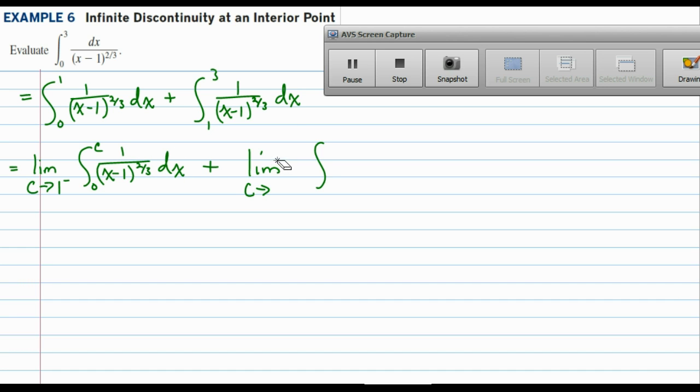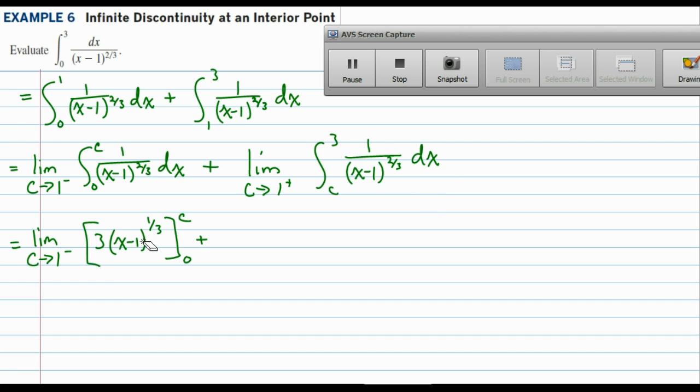Then the other one's going to be the limit as C approaches still 1, but this time from the right, because now we want to integrate between 1 and 3, so we're coming in from the right, because between 1 and 3 our value is greater than 1. And then of our integrand dx.